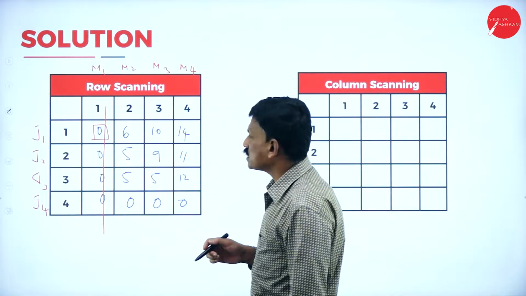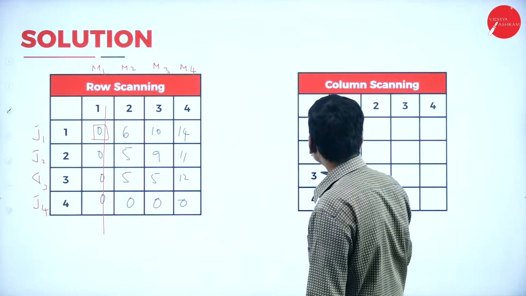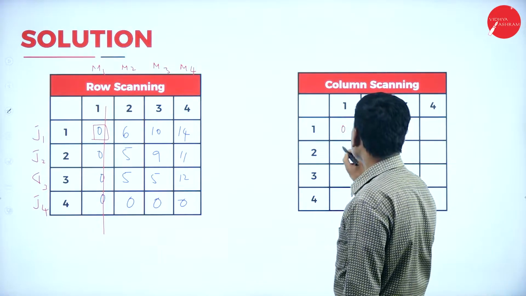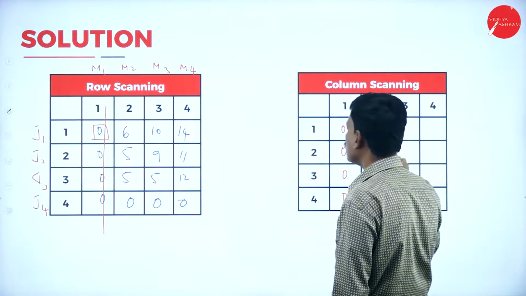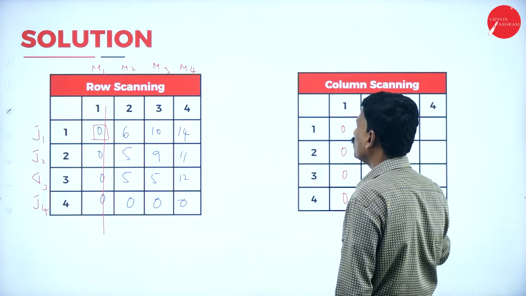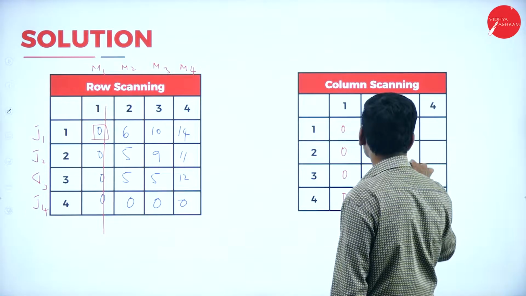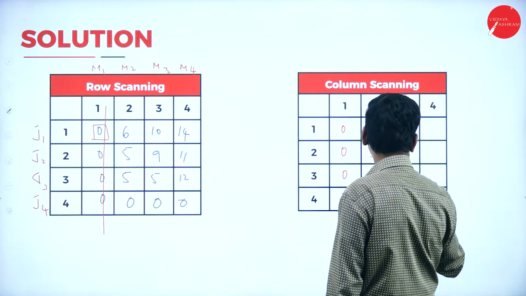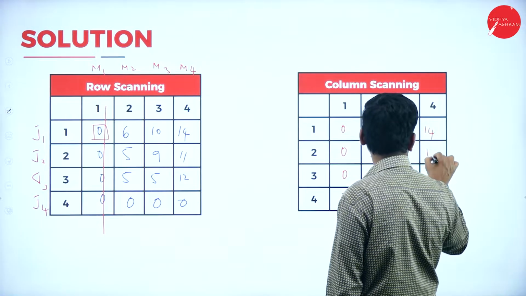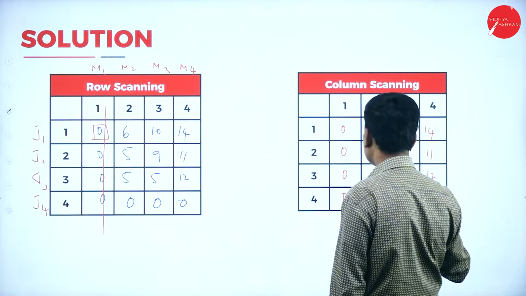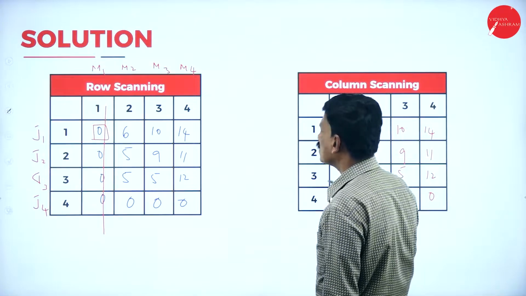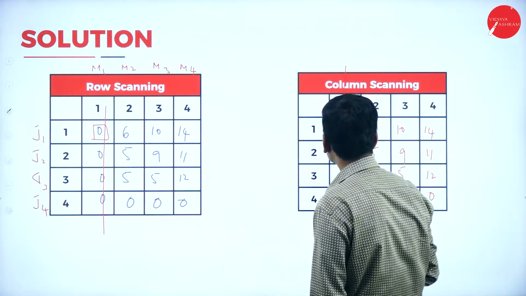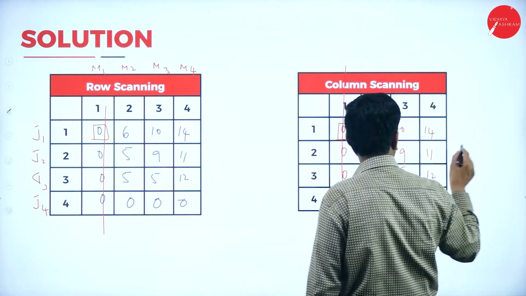Now let us come to the column scanning. I will write the elements here: 6, 5, 5, 0, 10, 9, 5, 0, again 14, 11, 12 and 0. So this row we have cancelled, that is M1 is cancelled.